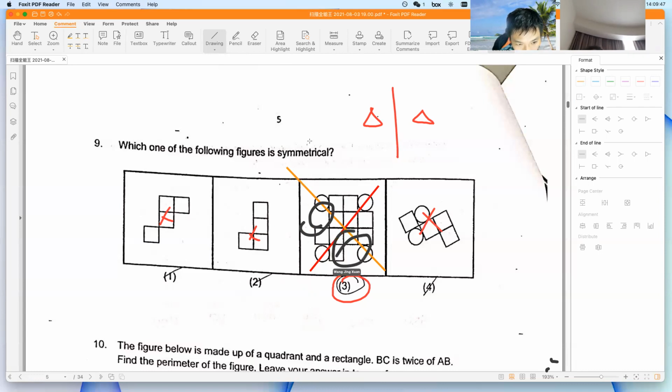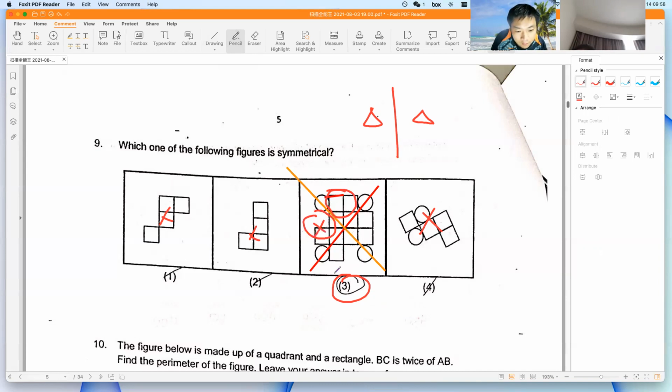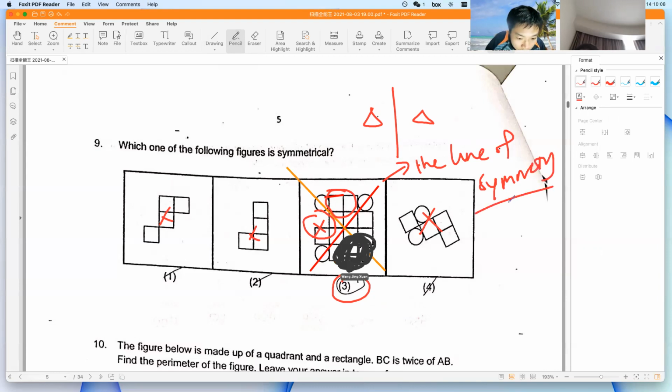I'm saying this part. You will see that there's nothing here. Okay. So this is the line of symmetry. Next, of course, this part also. If this is the line of symmetry you're looking at.